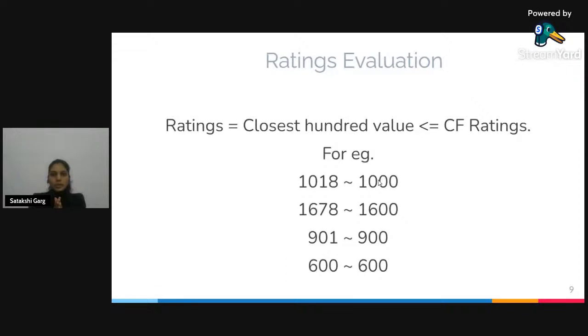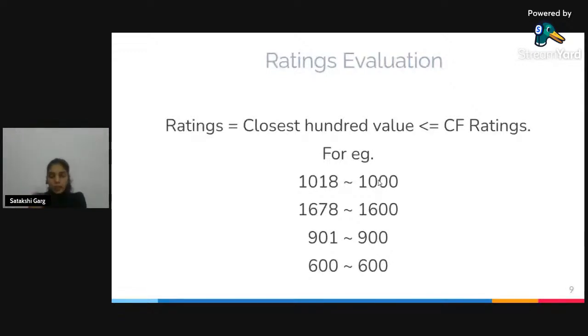Honestly, on the community channel, I hope all of you have joined the community channel. I'll be posting a document before every level wherein I'll mention what your current ratings are on Codeforces and what level of problems you are supposed to solve. So the ratings which will be considered for the coming CP camp would be the ratings at the beginning of the CP camp. It won't be updated during the duration, right? So have this clear in your head.